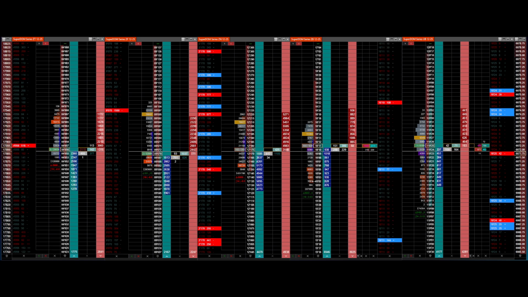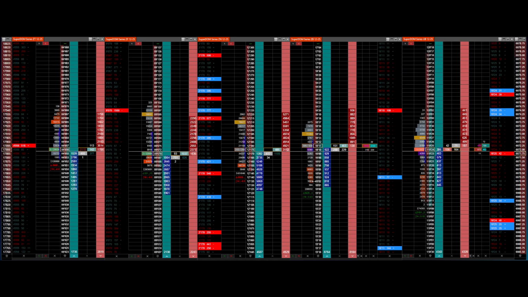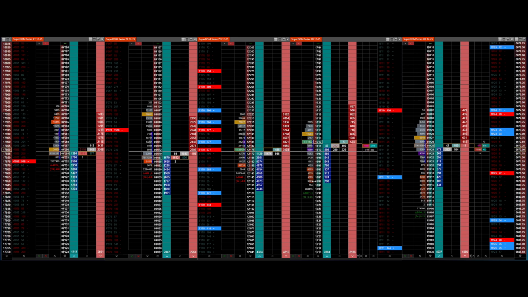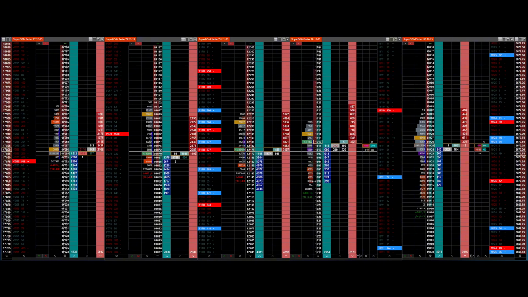This might take a while. In my opinion, trading the Treasuries is not like trading the NQ or ES, where you're just constantly on your toes, constantly looking for these setups at every low volume node, every high volume node, every POC, every yesterday's POC, every value area.